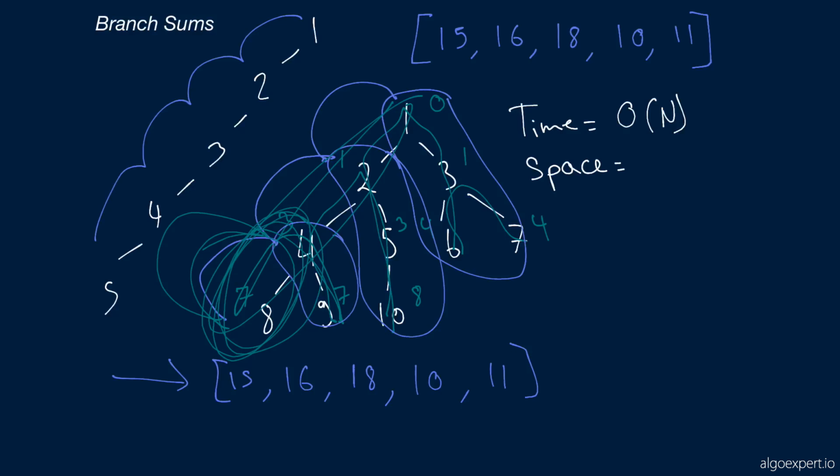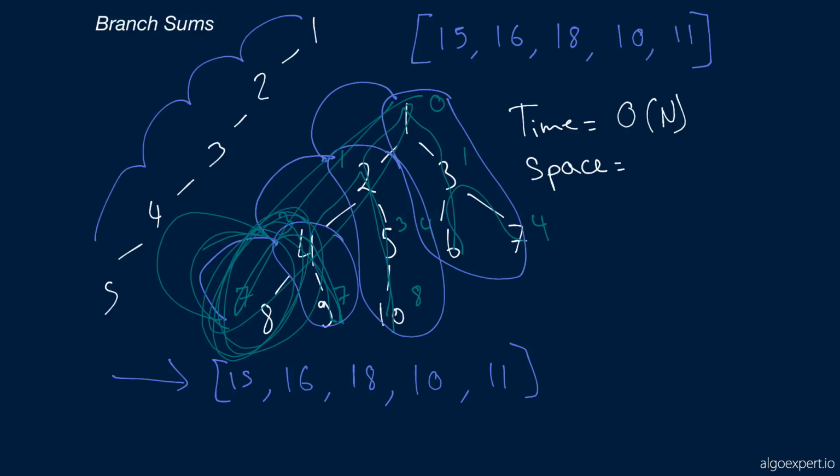You can actually look up full-on math proofs for how many leaf nodes there are in a binary tree of n nodes, and there are really cool formulas that you can derive that will allow you to calculate the number of leaf nodes in a binary tree, the number of non-leaf nodes in a binary tree.